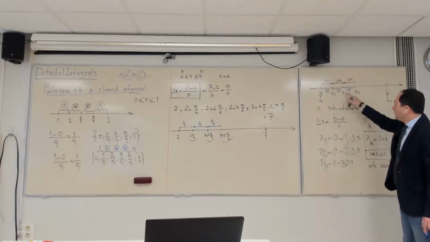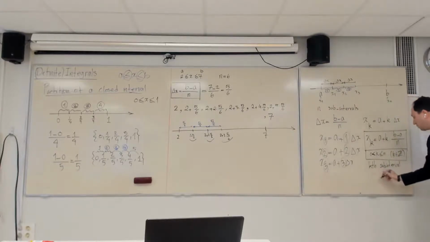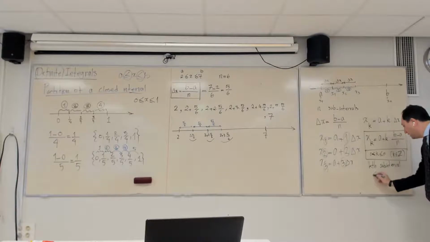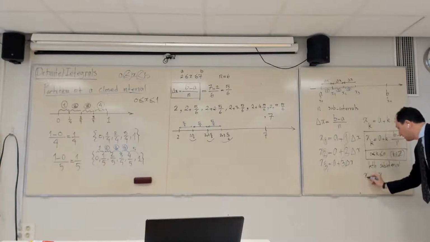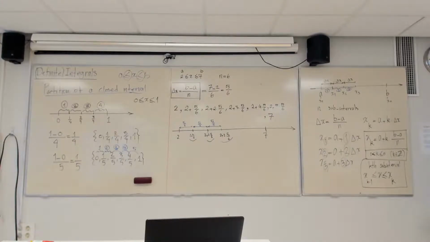The third one is between x2 and x3. So the kth one is between x k minus 1 and x k. Okay? So as simple as that.